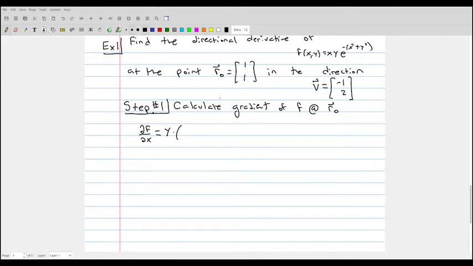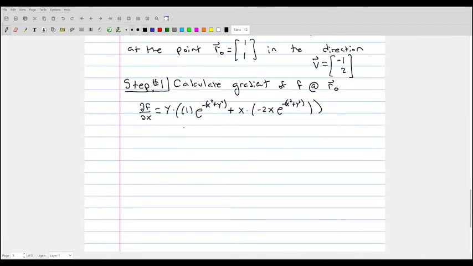The x partial derivative of this is going to be y times, and you have to use the product rule, 1 times e to the negative x squared plus y squared, plus x times negative 2x e to the negative x squared plus y squared, which results in the simplified form: the partial derivative of f with respect to x is y times 1 minus 2x squared times e to the negative x squared plus y squared.